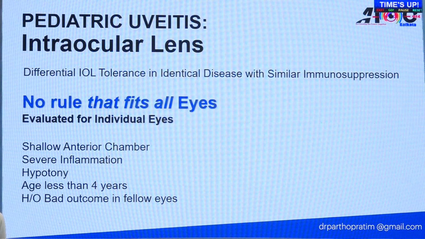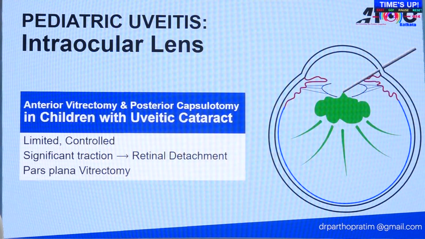So a few things you have to understand: there is no rule that fits all eyes. If there is a shallow anterior chamber, severe inflammation, or hypotony, and the age is less than 4 years, then it is better to avoid an intraocular lens in children. Just one last slide: when in pediatric cataract you do a posterior capsulorhexis and anterior vitrectomy, you have to understand that these uveitic eyes are prone to develop significant traction.